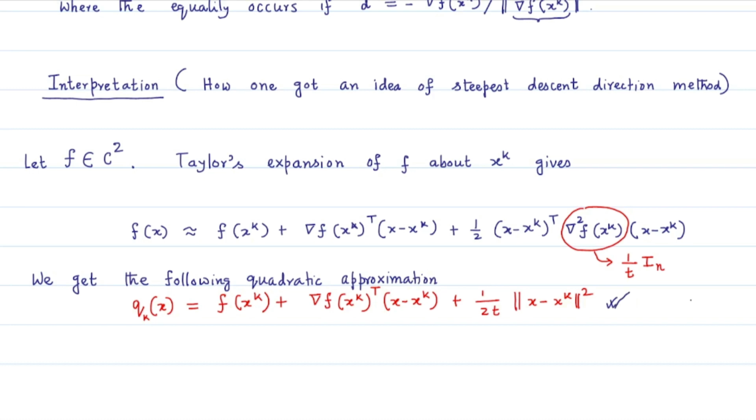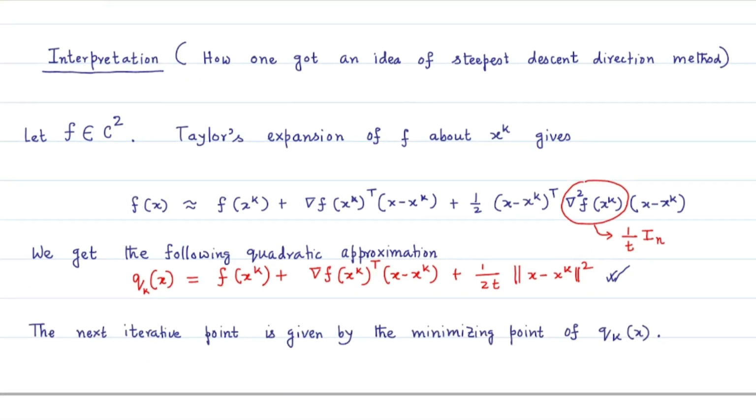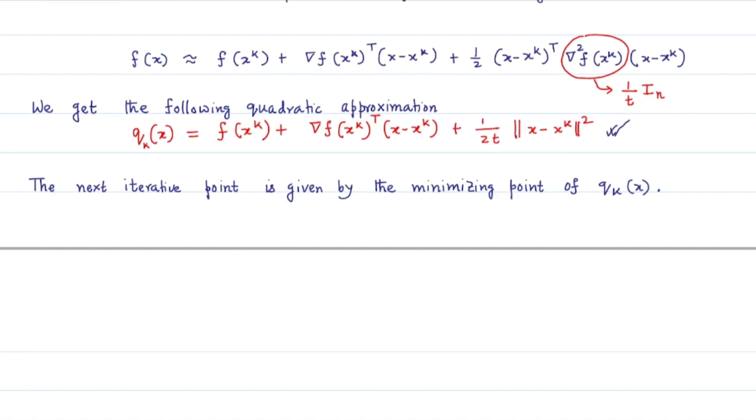So we get a quadratic approximation of the function f at the point xk as the following expression. After taking this approximation, the next iterative point xk plus 1 is chosen to be the minimizer of this approximation function qk(x).